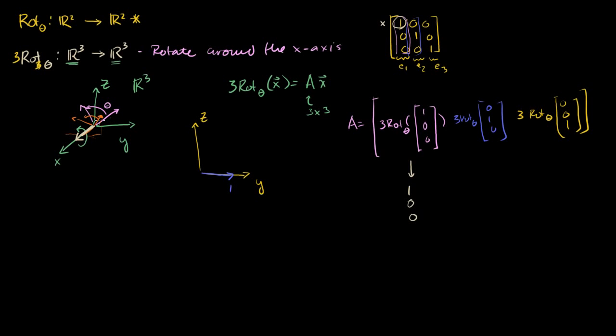When I draw it like this, you can imagine the x-axis is just popping out of your computer screen. So if you were to rotate this blue vector right here by an angle of theta, it'll look like this.